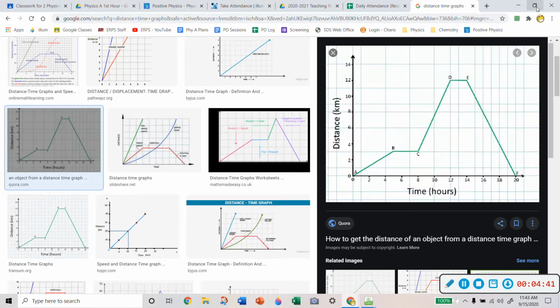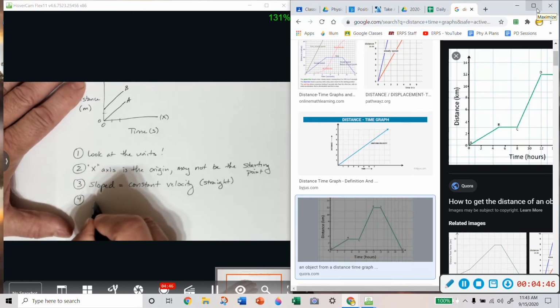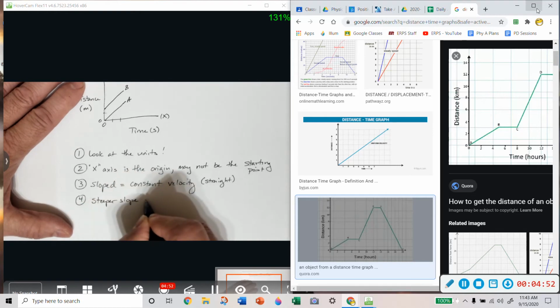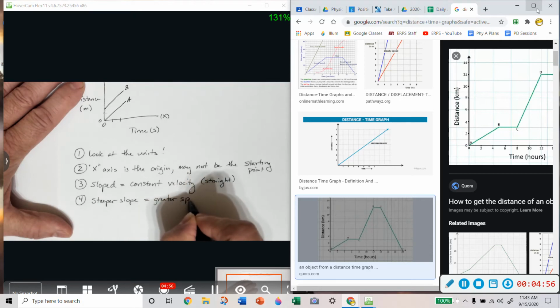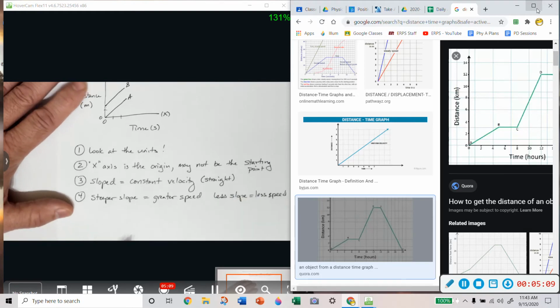So that is something you need to know. A steeper slope is a greater speed or velocity. Right now I'm just calling them speed and velocity. So less slope, less speed. Okay? That's important to know.